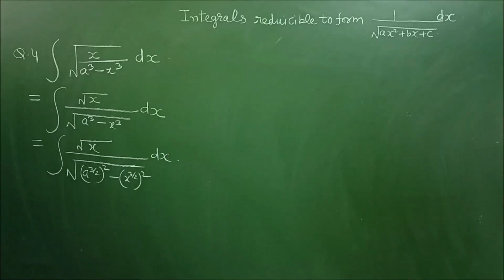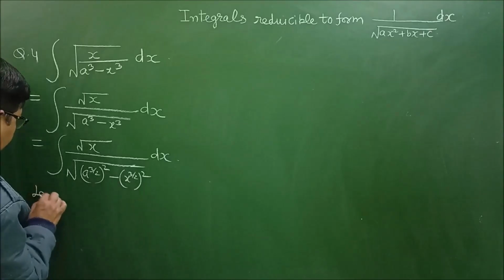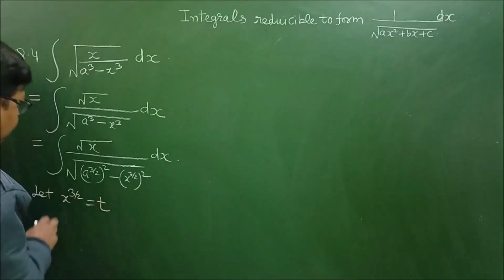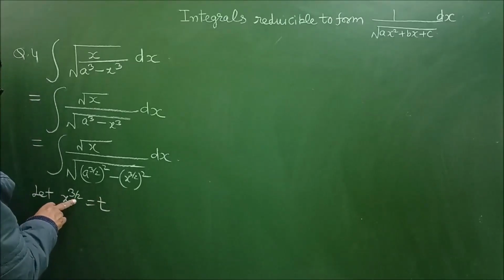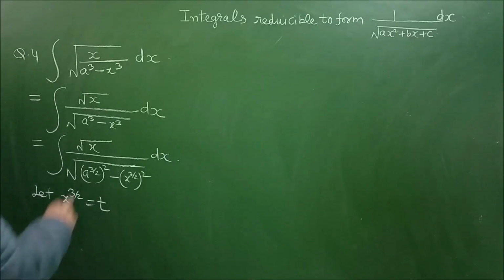Now let x raised to the power 3 by 2 be equal to t, because the derivative of x raised to the power 3 by 2 is 3 by 2 x raised to the power 1 by 2, which is here in root x.